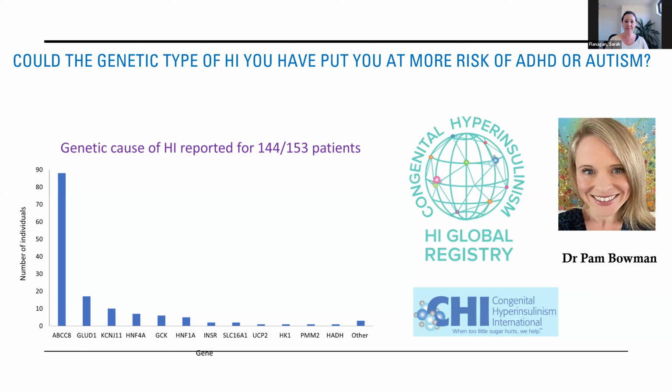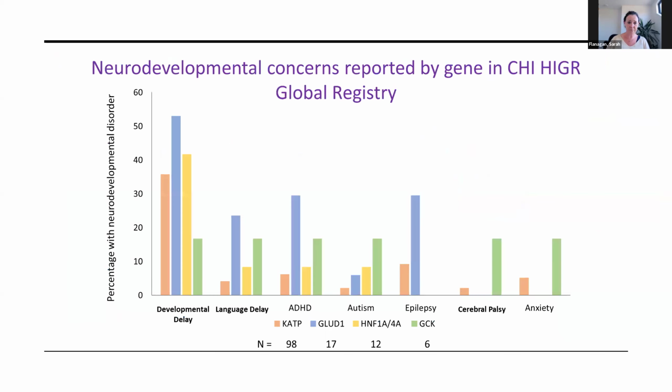Over the past few months Pam has contacted the team at CHI and accessed data from their global registry, which is self-reported data from families, looking at whether or not autism or ADHD is reported in children within the registry.